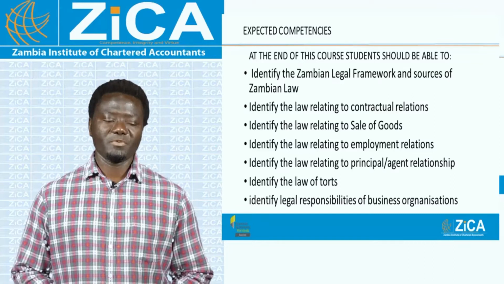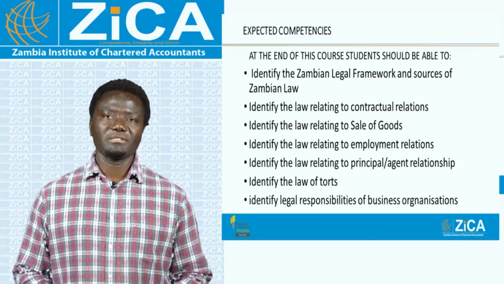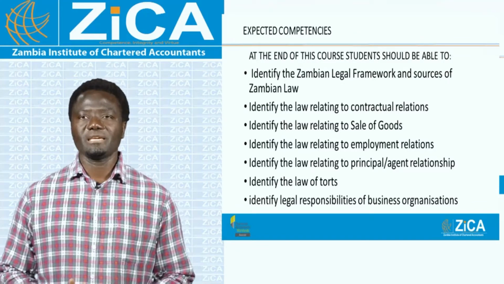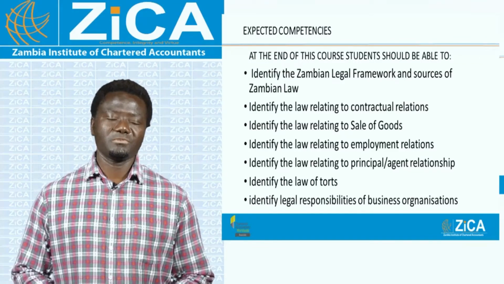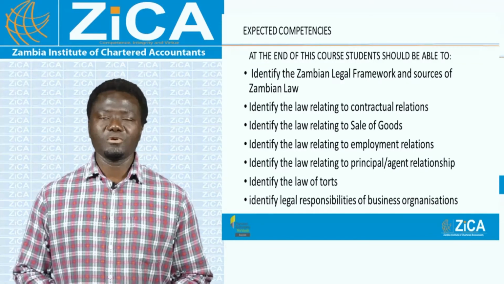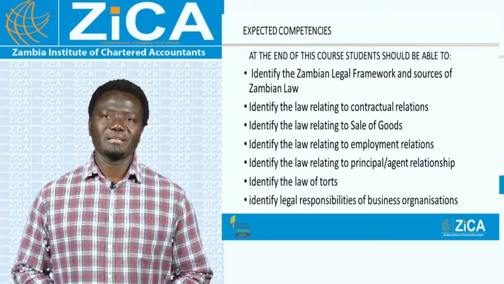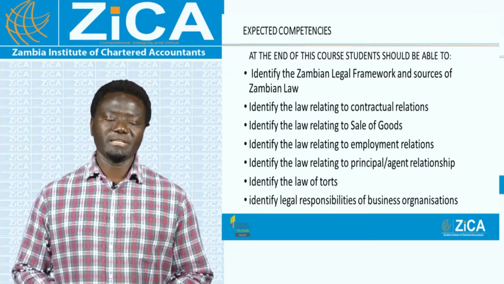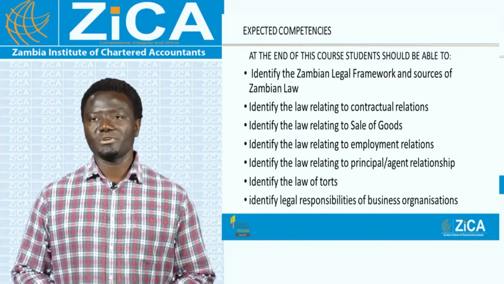Next, identify the law relating to employment relations. Then identify the law relating to principal and agency relationship. And then identify the law of torts. And lastly, identify the legal responsibilities of business organizations, that is, under corporate law.